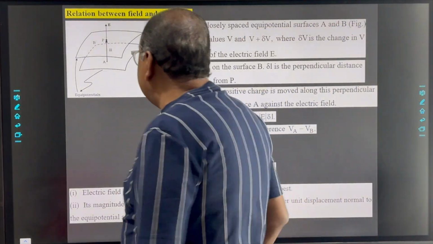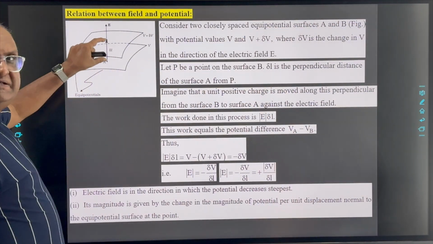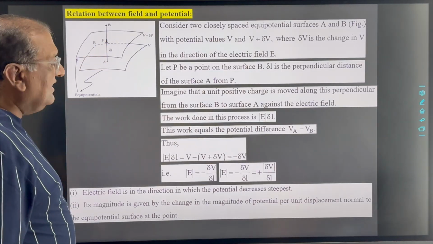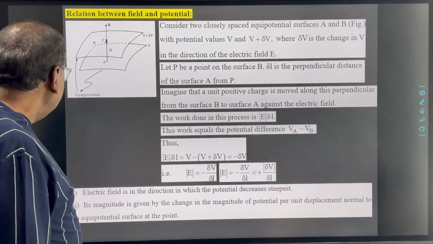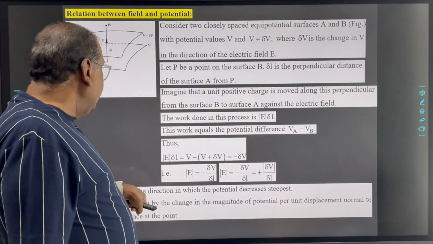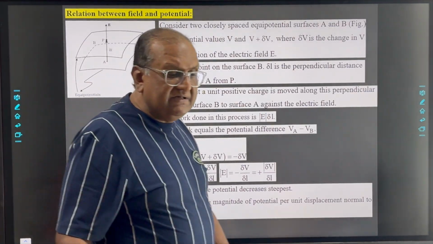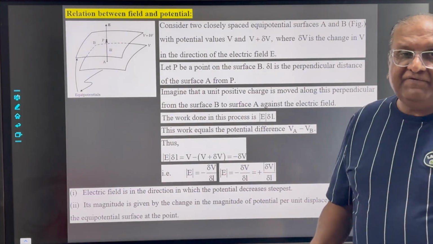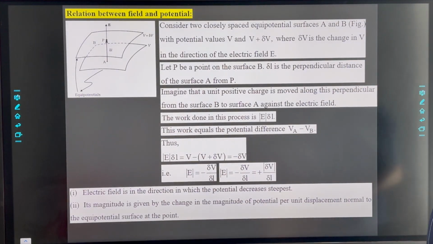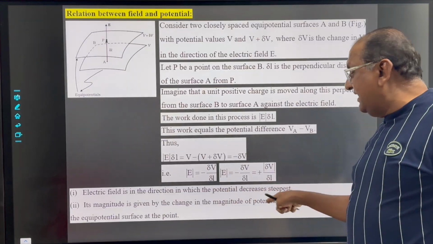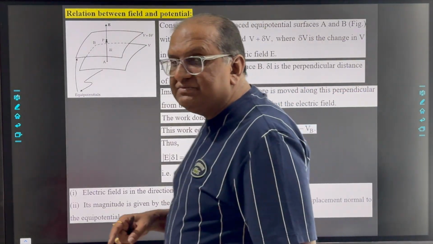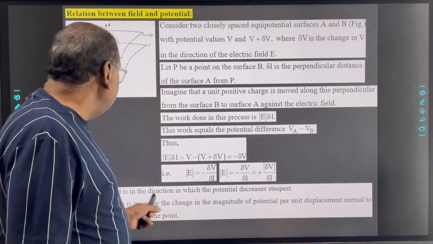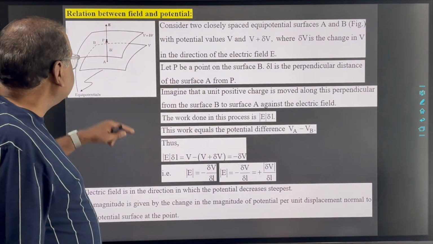And second, if we consider a unit displacement, the magnitude of the electric field is given by the change in magnitude of potential per unit displacement normal to the equipotential surface.